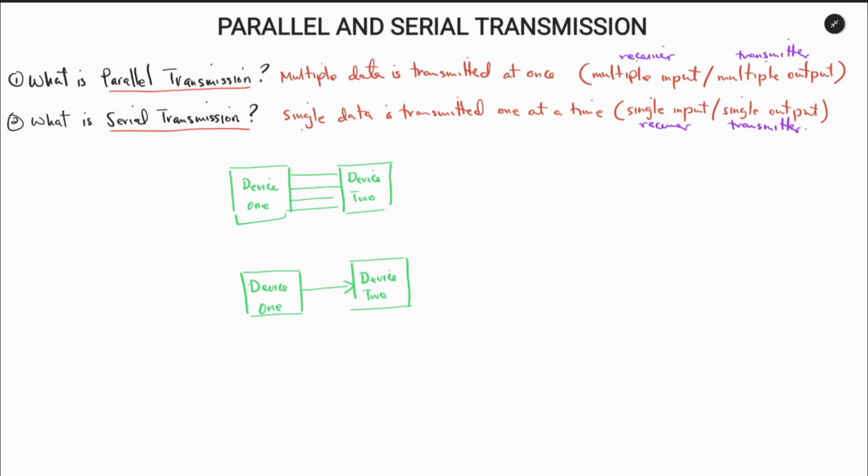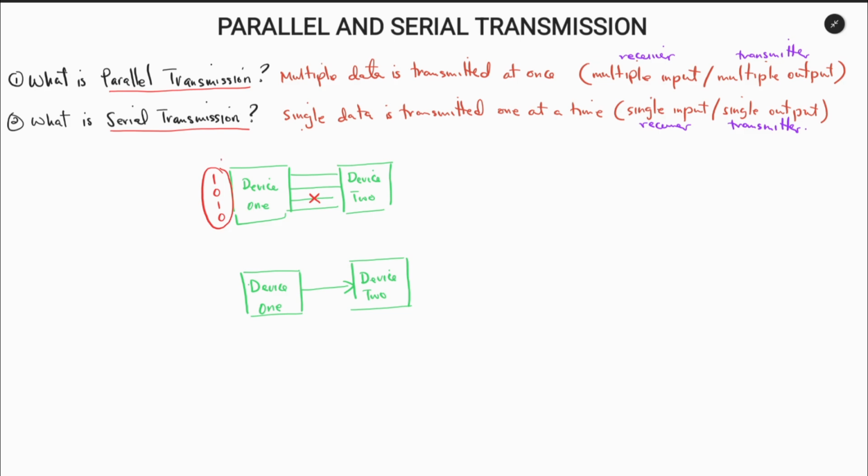And if we have 1 0 1 0 to be transmitted in a parallel transmission, and now we have a broken cable in the parallel transmission mode, what do you think?